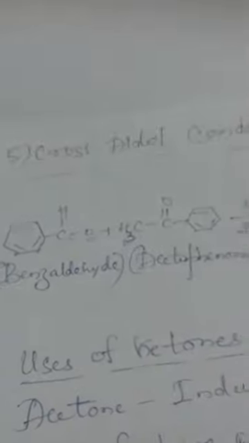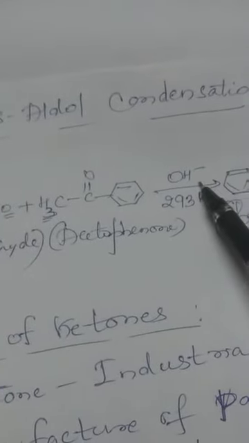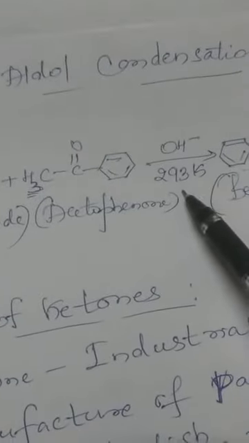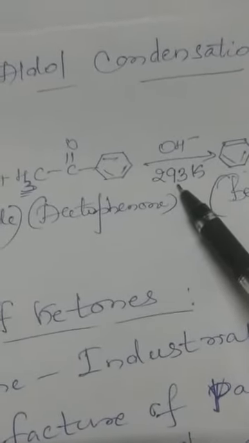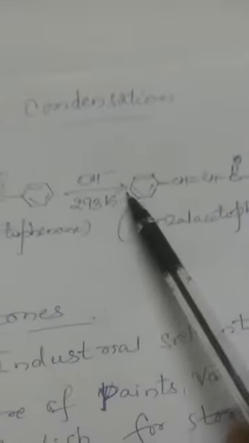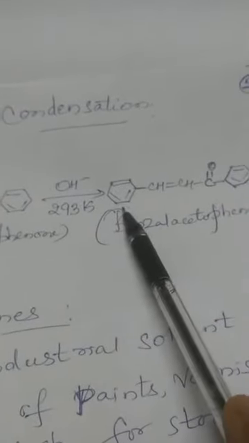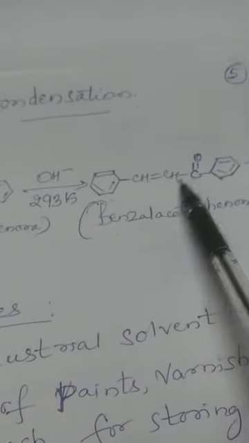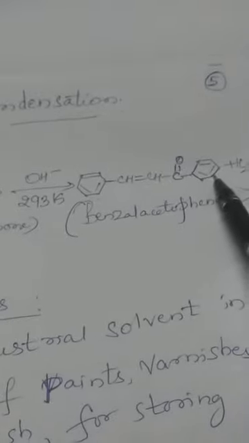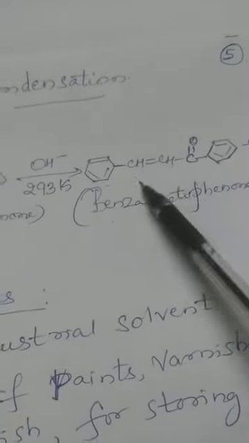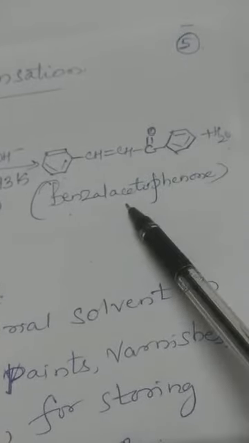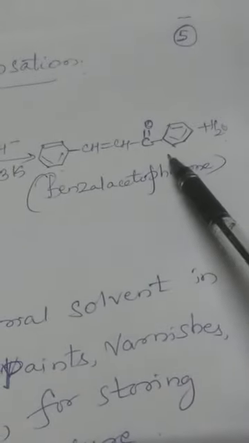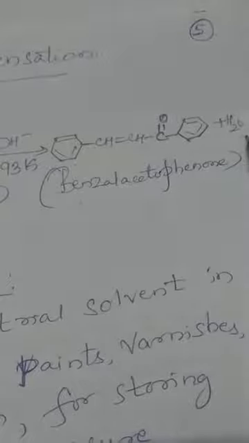There is elimination of water, and this reaction takes place in the presence of alkali, NaOH or KOH, dilute alkali, at a temperature of around 293 Kelvin. And you will end up with the product: the aromatic ring of benzaldehyde, CH double bond CH, C double bond O, C6H5. This part is acetophenone. This is called the benzal group. So the product formed is named benzal acetophenone with the elimination of water.